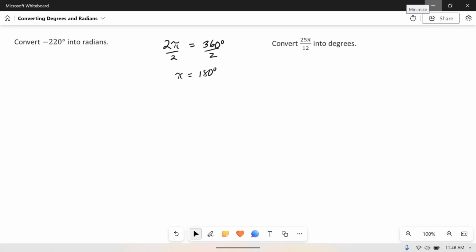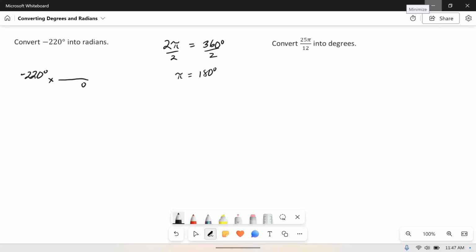We want to convert negative 220 degrees into radians. To do that, we need to multiply negative 220 degrees times a ratio. In order for us to cancel out the degrees, we need to have degrees in the denominator.